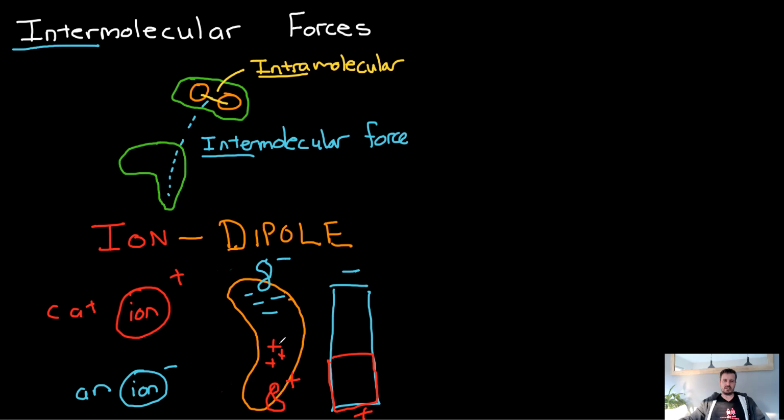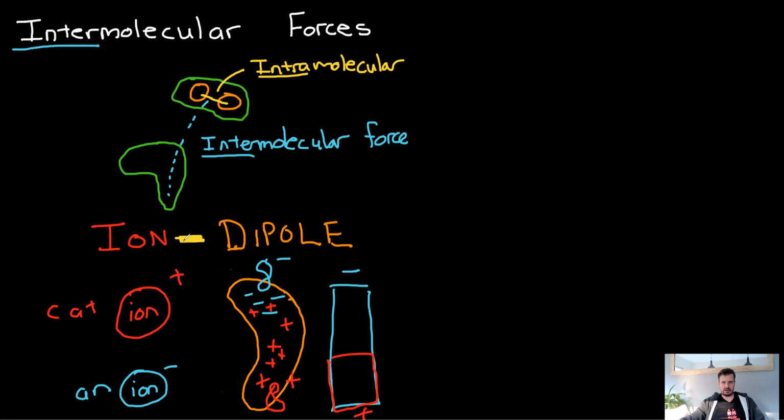Remember, the protons don't move, only the electrons move. So although there would be the same amount of, say, protons in the nucleus of these atoms, we have a higher concentration of electrons. And so we have this cation, which is positive, and the negative side, and this would then create a dipole.